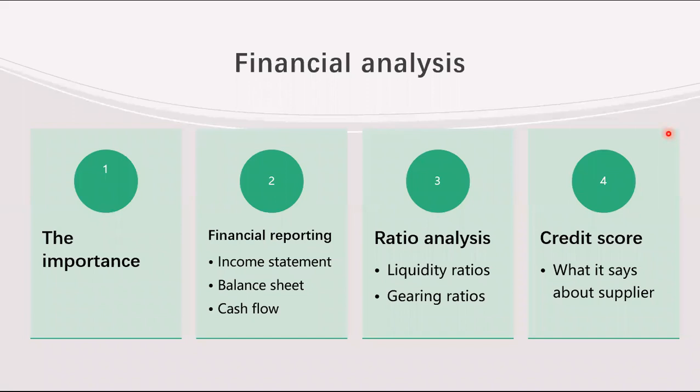This document will tell you about the revenue and the different types of costs of the supplier. Second is the balance sheet. Balance sheet will tell you about the assets and the basic financing of the supplier, like what is their equity and what is their debt. And finally, we have the statement of cash flow, or how much cash flows in and out of the supplier account.